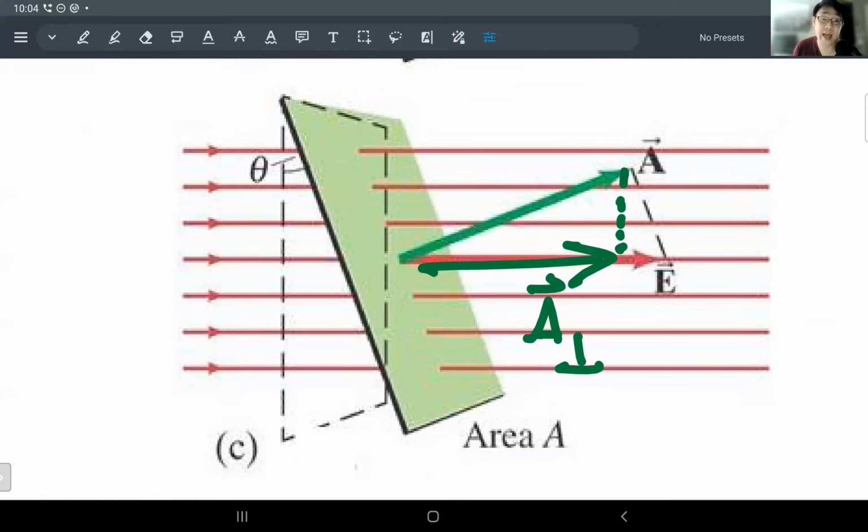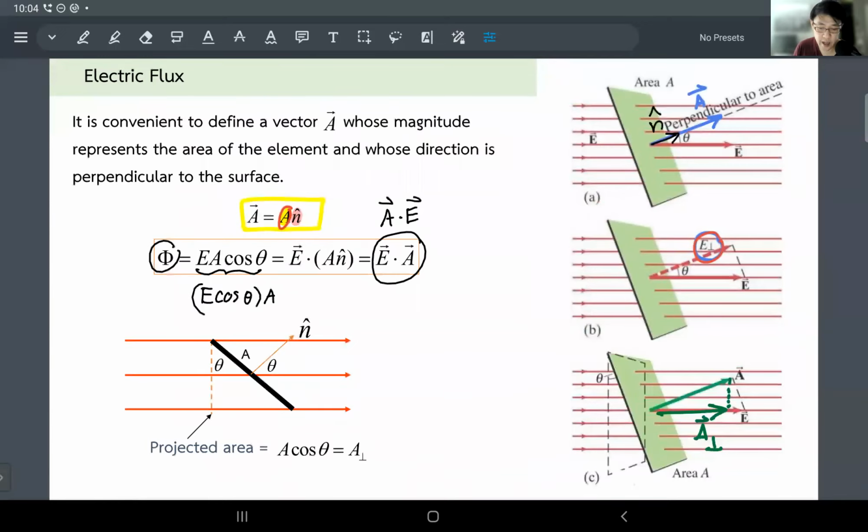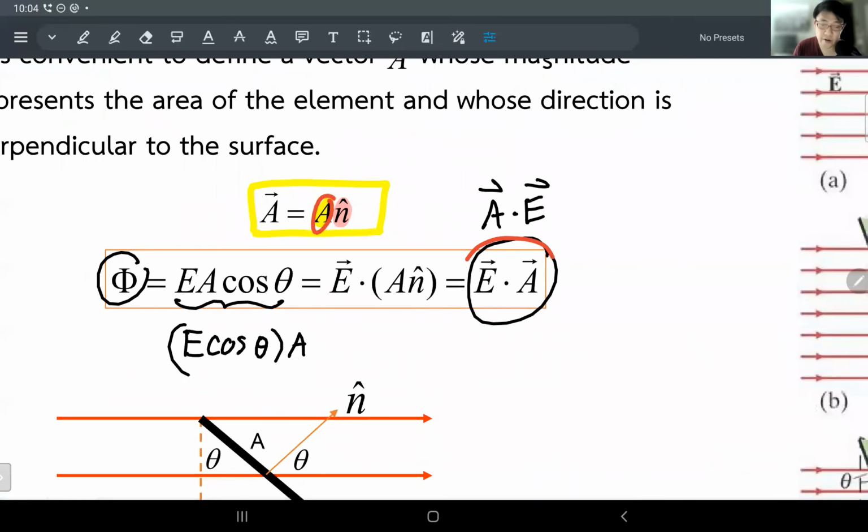Both will give you the exact same result, because what you can do at the end is the dot product between these two vectors, okay. And you probably remember that every time you do the dot product, you take the components of the two vectors that are pointing in the same direction, and then you just multiply them. So that means E dot A is just EA cosine theta.